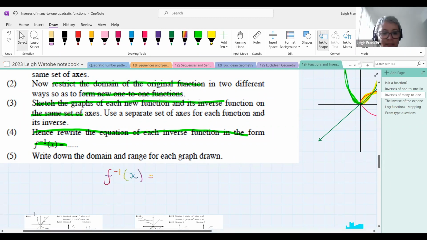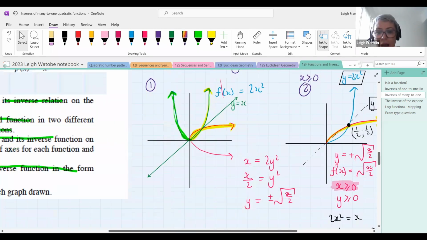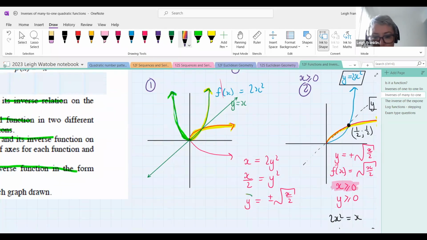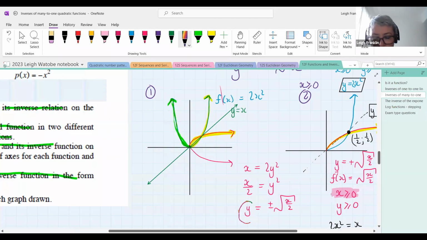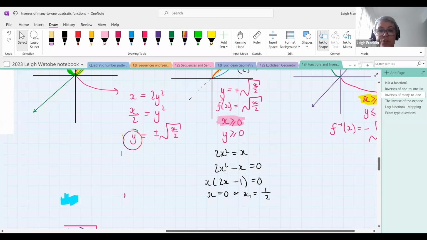As I was saying to you in the beginning, in picture number 1, I was not allowed to use functional notation here for that y. I cannot write f to the -1 of x because that inverse is just a relation. It is not a function. Remember, it fails the vertical line test. It's only once I've restricted the domain of the original function that I'm now allowed to use functional notation.